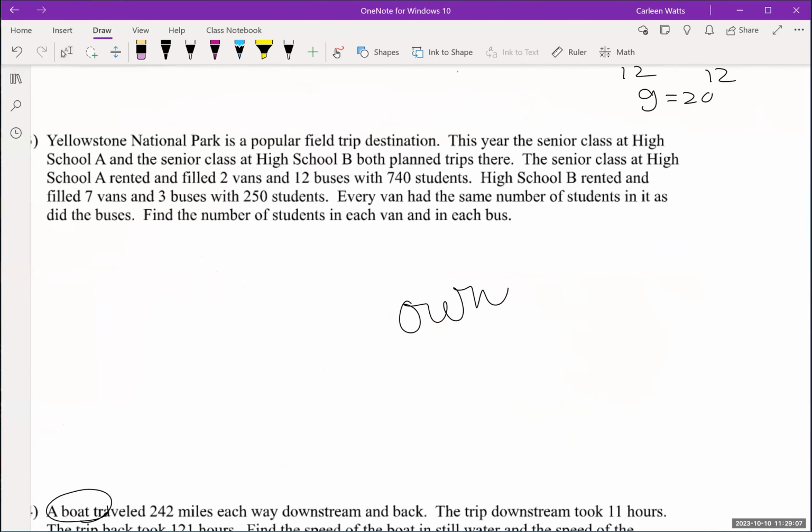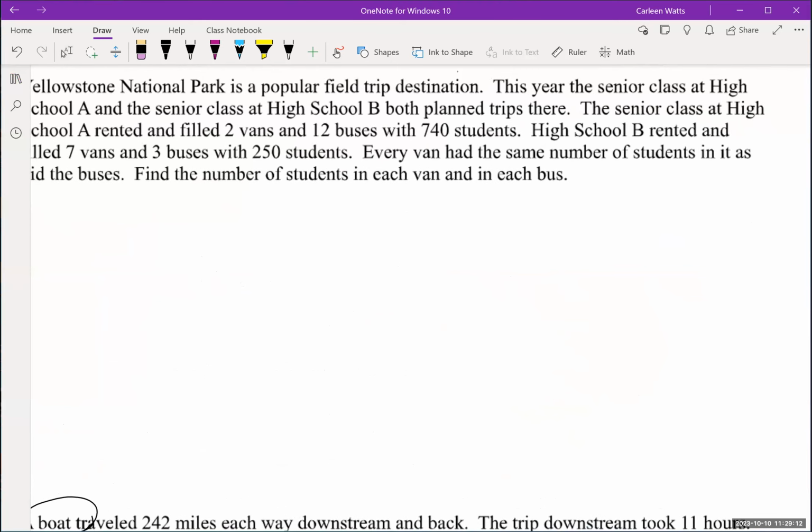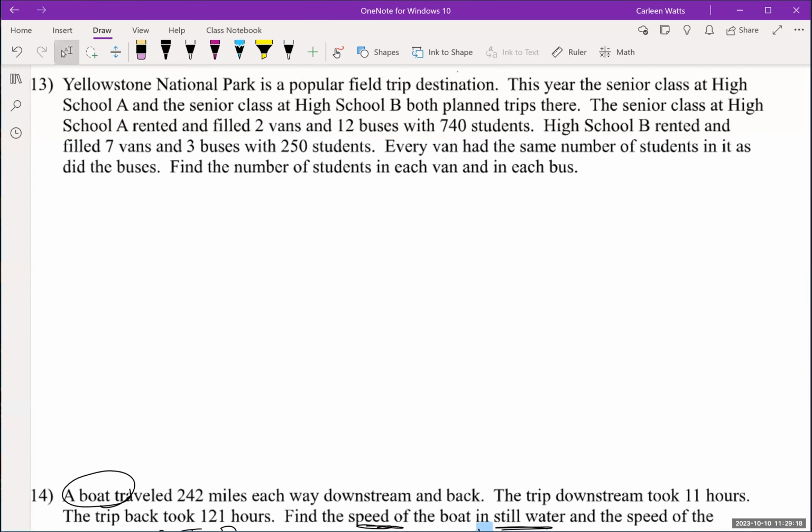Okay, word problem. So we have the number of students in the van and the number of students in the bus.